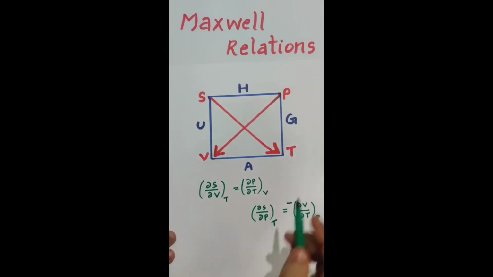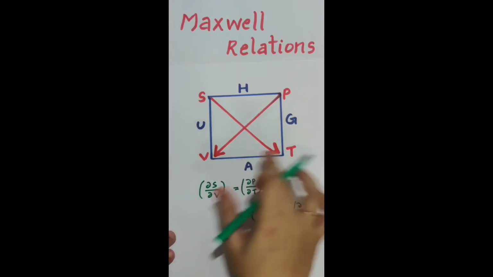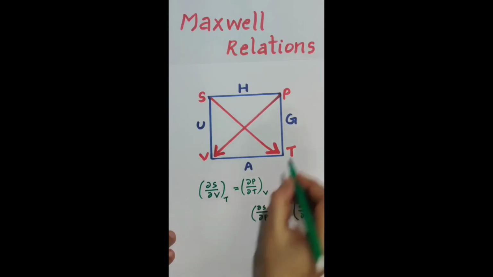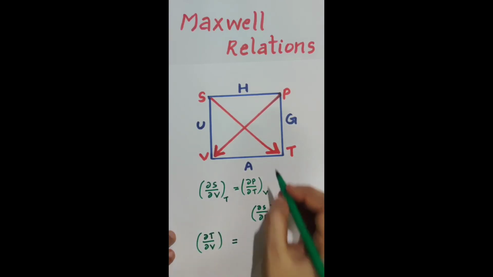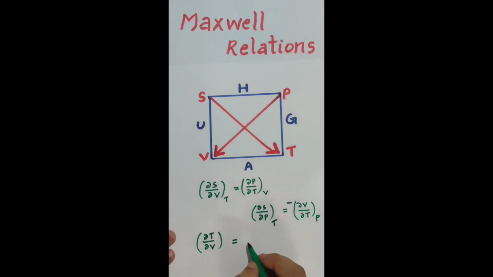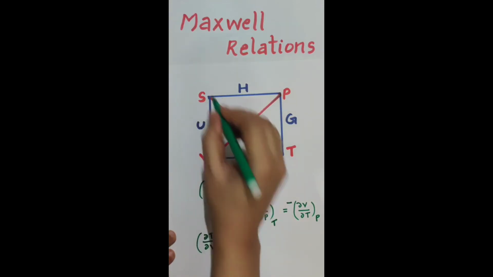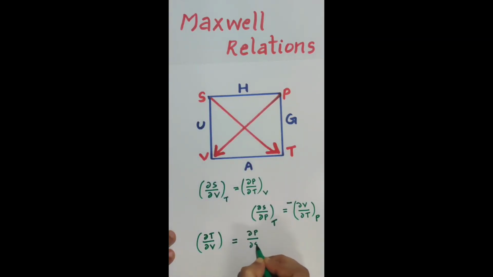Now next, these two terms, TV, that is dou T by dou V, equal to, opposite of T here is P, that is dou P, opposite of V here is S. Now next the constant terms.